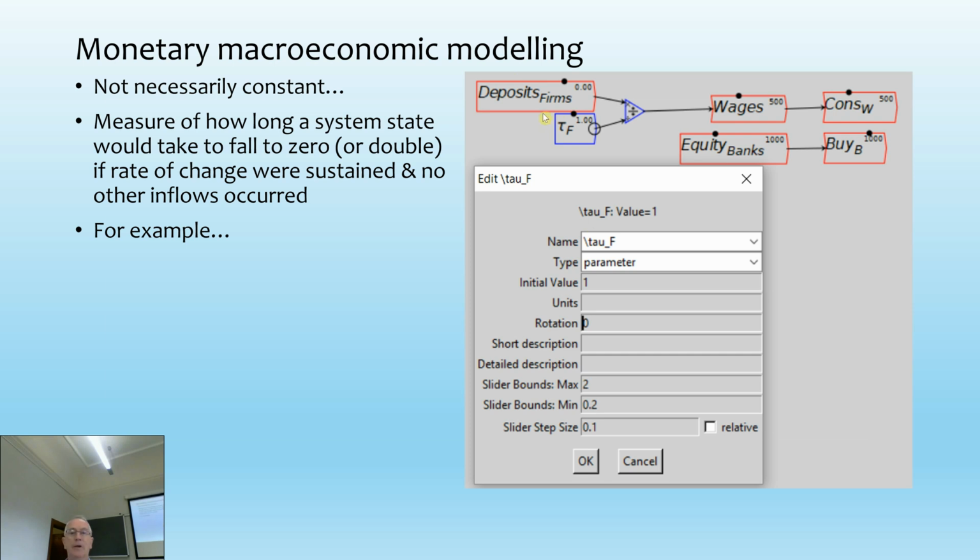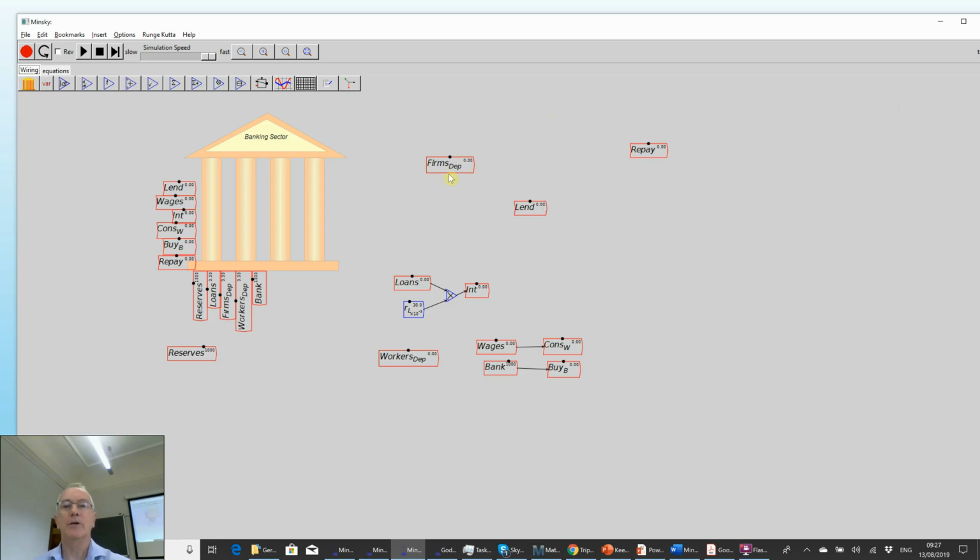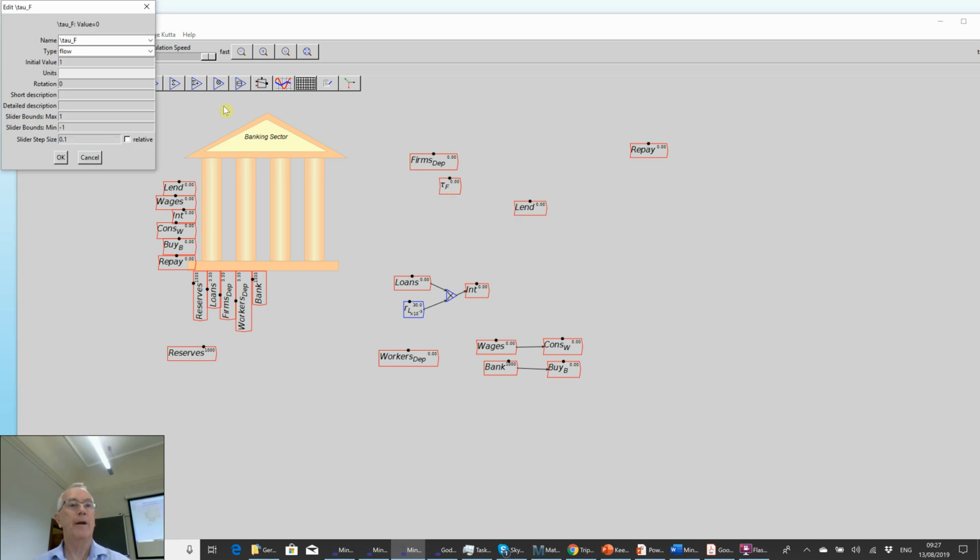That's the basic idea. So I'll just actually whack that into Minsky here. So I've got the firm's deposit here, and I want to divide that by a time constant. I'm going to go \tau, which is the Greek letter for t, underscore f, and give that a value of 1.